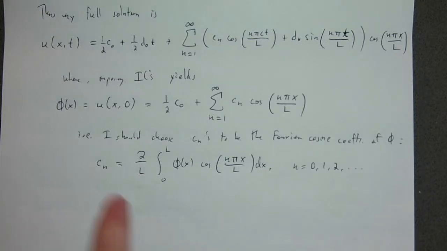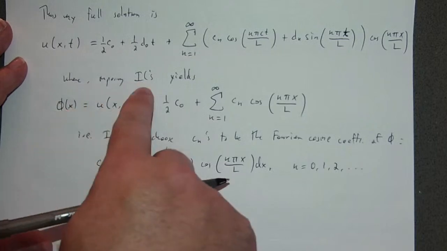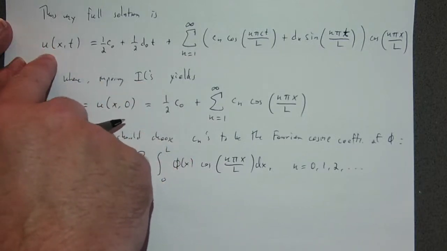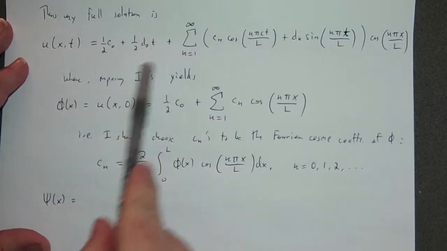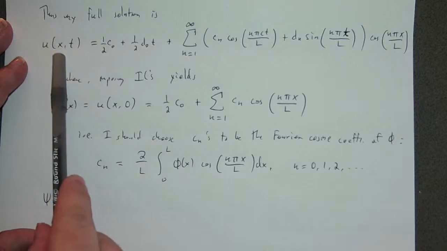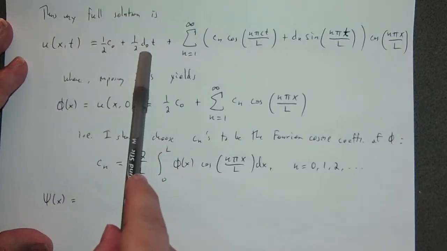Let's have a gander at what I would do to impose the other initial condition. I need to take the derivative of this with respect to t and evaluate it at t equals 0. So psi of x is the derivative of this with respect to t evaluated at t equals 0. So what do I get here? So I take the derivative with respect to t. This term's 0. This term becomes 1/2 d naught.